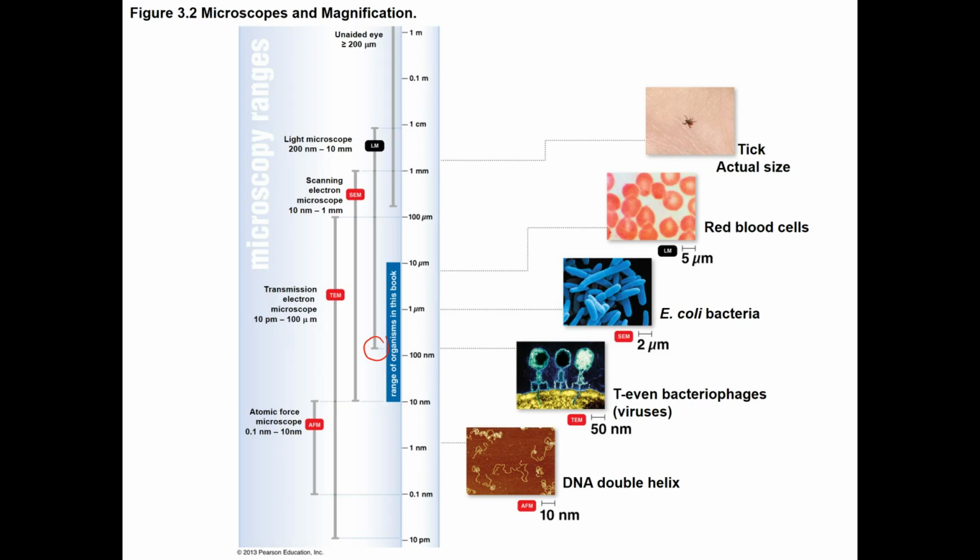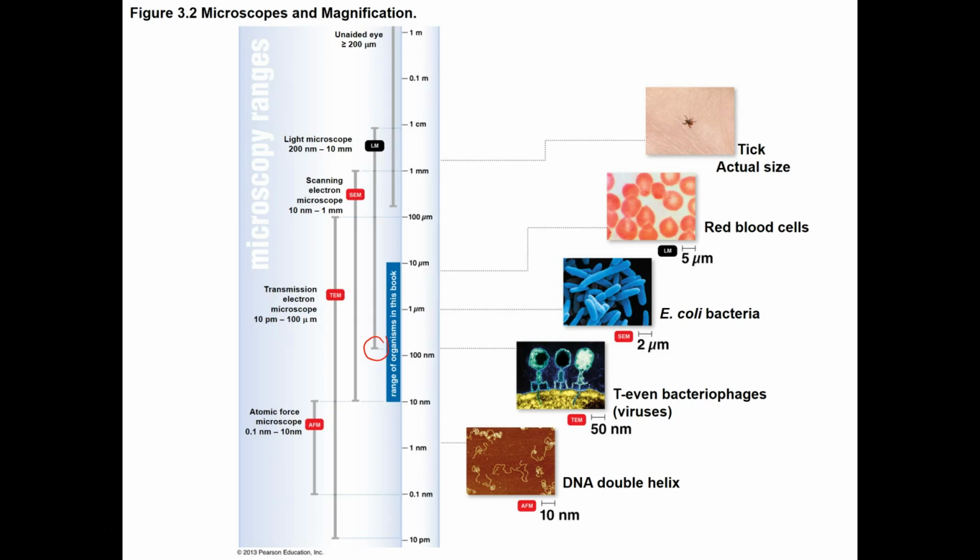Beyond that, you're going to need one of two types of electron microscopes, and we'll get into these later. One is more powerful than the other, but electron microscopes allow you to visualize bacteria even more up close. It's the only way for us to visualize viruses, but even they have limits.